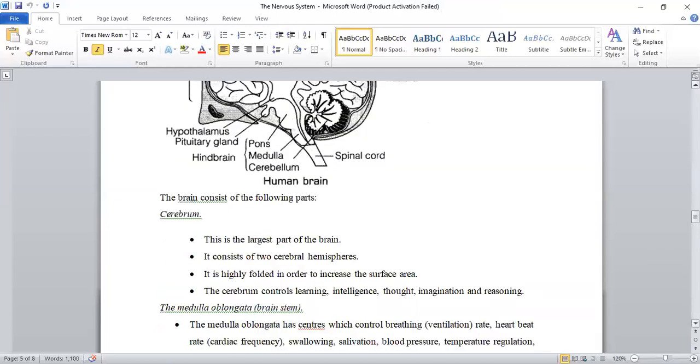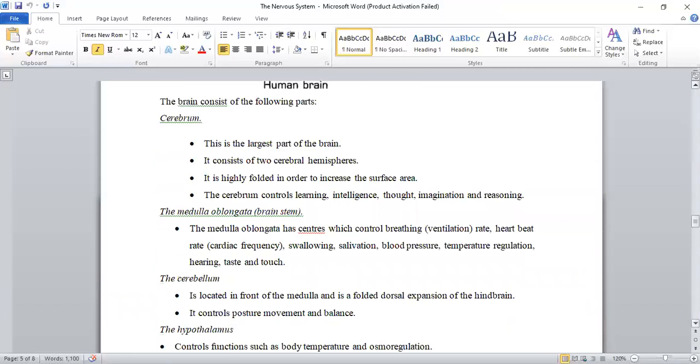So the medulla oblongata has a center. This is an area where breathing and the heartbeat are controlled. So we have breathing, heartbeat, swallowing, salivation, blood pressure, temperature, hearing, taste, and touch. If it is about swallowing, it is supposed to coordinate peristalsis in the body.